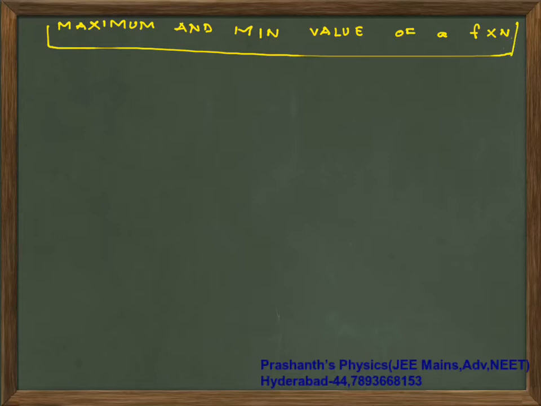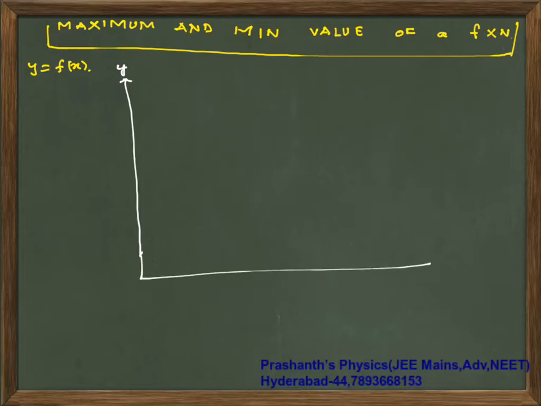If you are given a function y equal to f of x, you are supposed to calculate the maximum and minimum value of the function. So now let us say you have a curve like this, this is y and this is x.